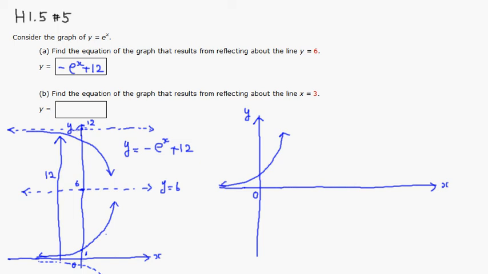Then you have x equals 3, so it's 1, 2, 3, so somewhere around there. So you have this line of reflection here, right? So again, I'm going to use the y-axis as a reference. If this is reflected about x equals 3, it's going to end up at 6. All right. Then the reflection is going to look kind of like this.